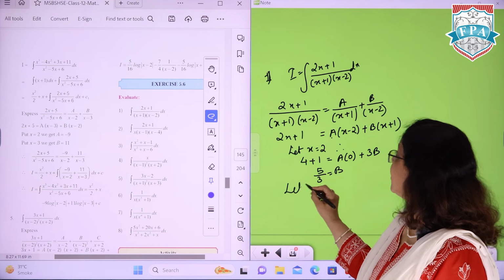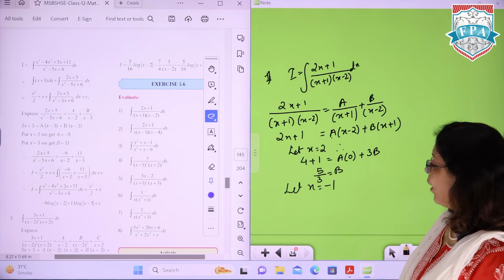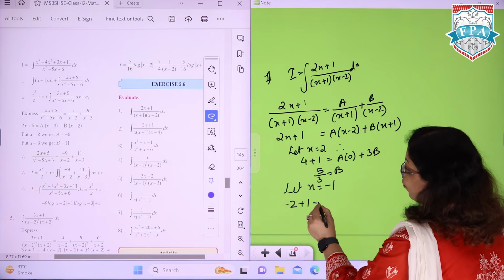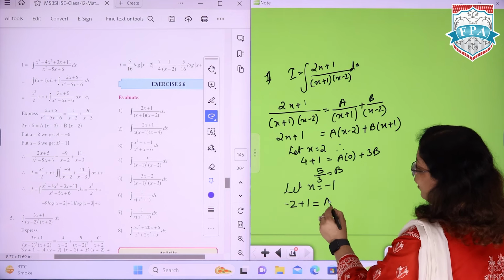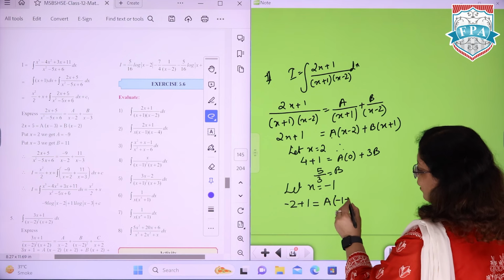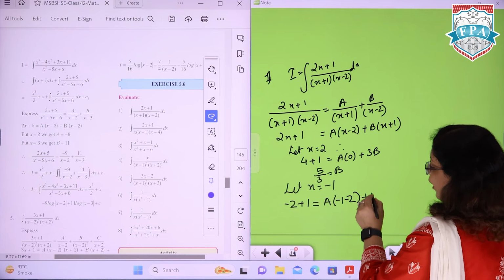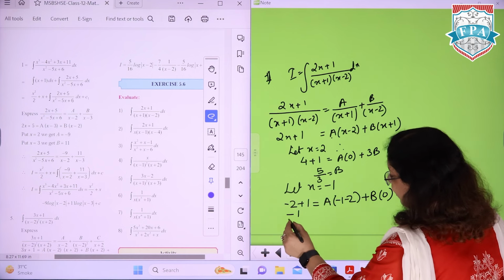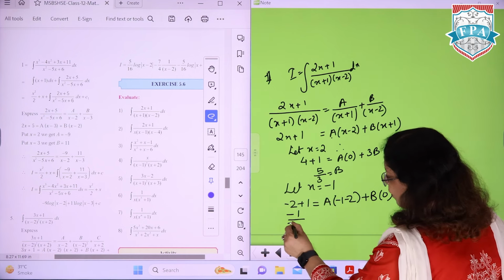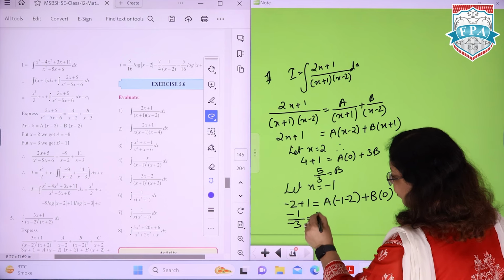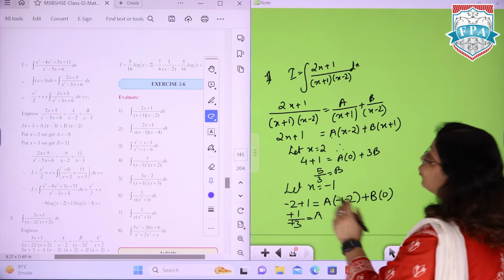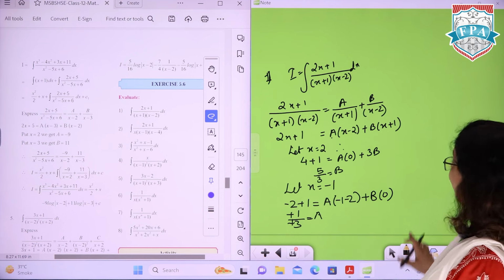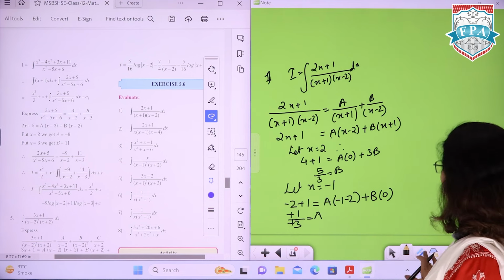Similarly, let x is equal to minus 1. So this becomes minus 2 plus 1, which is equal to A. Now this is minus 1 minus 2, and B will become 0. So you are left with minus 1 upon minus 3 to get A, which is 1 by 3. Now once you have these values, we'll put them into the formula to get the answer.